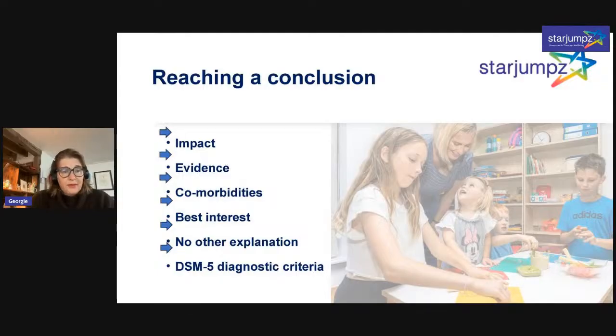And when we're thinking about a diagnosis, we use the DSM-5 diagnostic criteria, and we're looking for the evidence that those criteria are met. I think that's important to stress, because the DSM-5 criteria for autism have two sections.